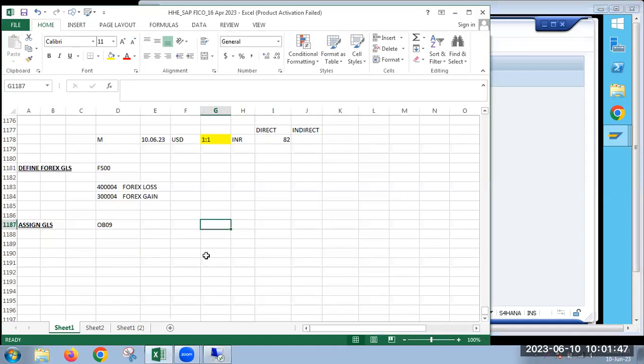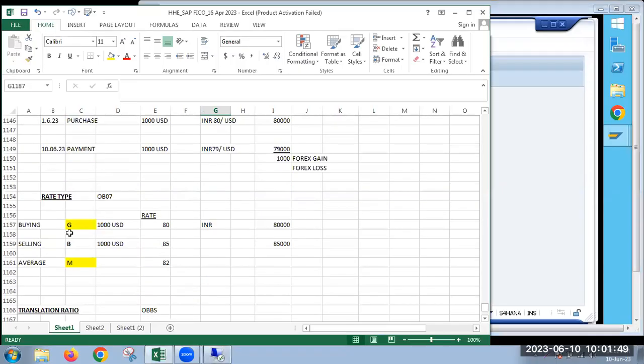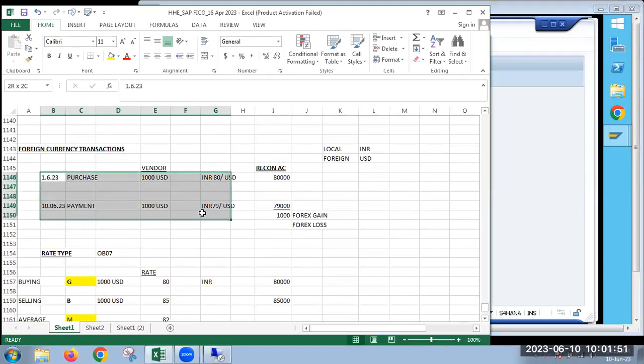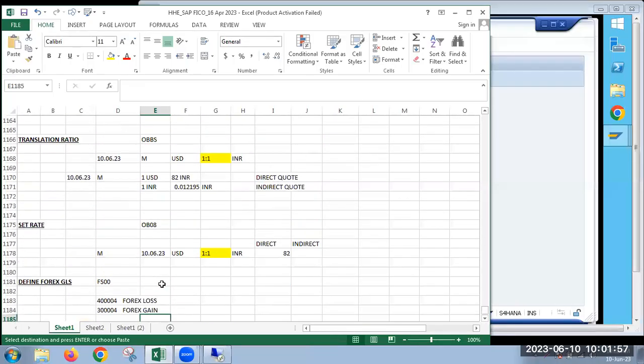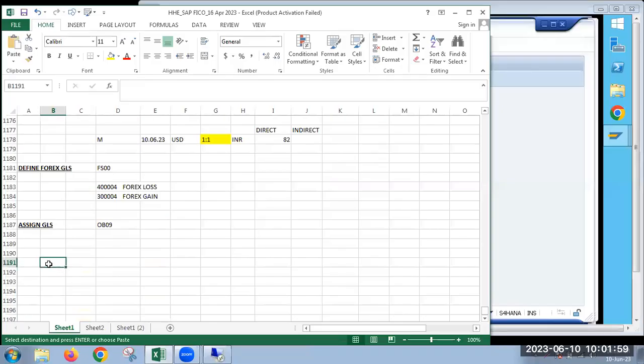Our configuration is done. Now we'll go for the transactions. We'll go for a purchase and we'll go for a payment. So our rate is 82 for the payment. First we'll go for purchase, F-43.